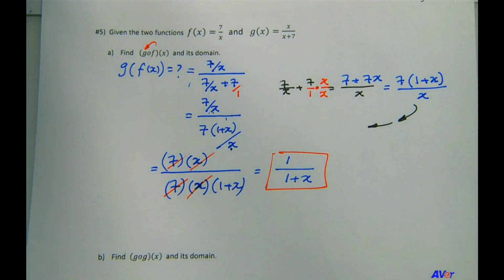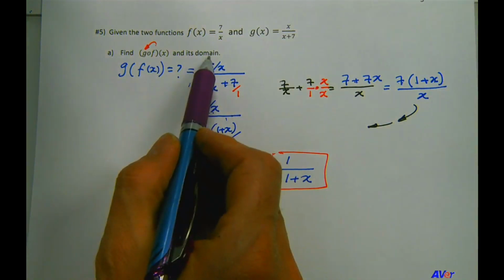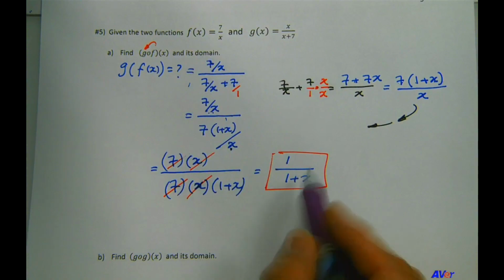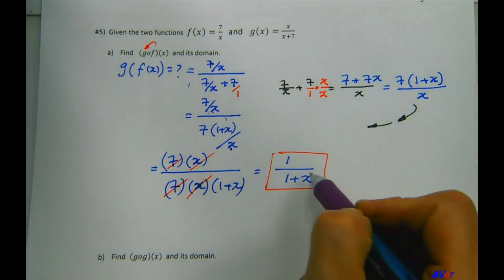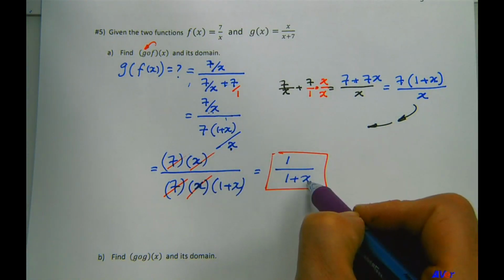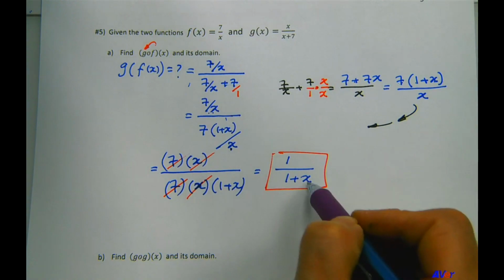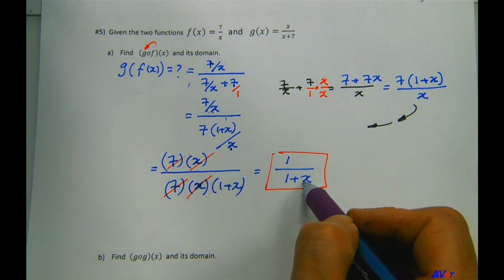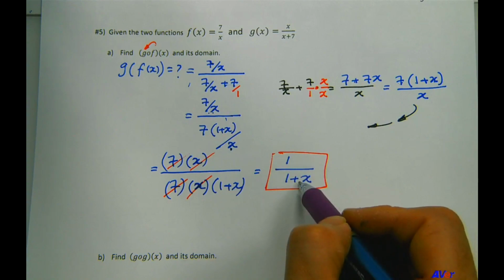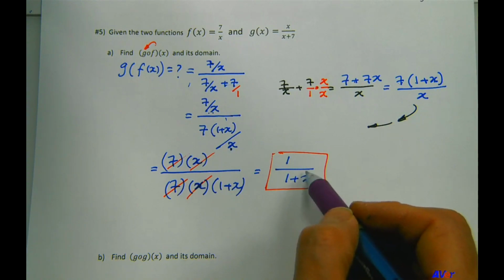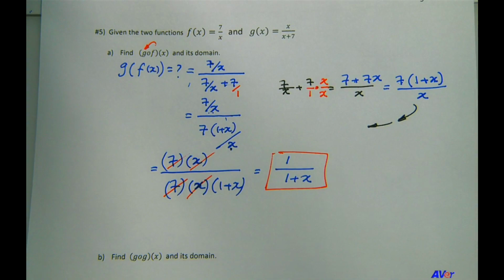Okay? So now they're asking us to find the domain. So the final domain should satisfy not only that, which means we can't have -1 here, right? It should satisfy this, and also the domain of the function that was replaced in the other function.